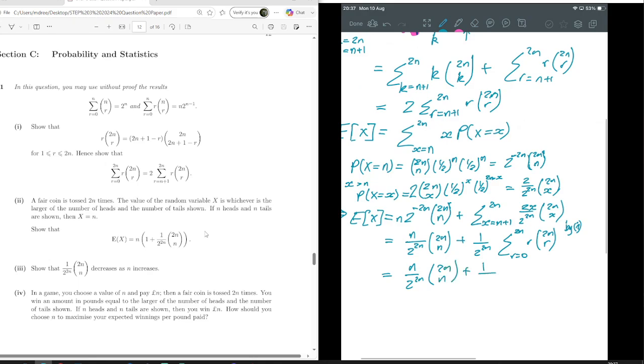So that's plus 1 over 2 to the 2n. That summation, as given right at the top, is 2 to the power of the thing that's sitting in the n slot, which in this case is 2n. So this is 2 to the 2n.